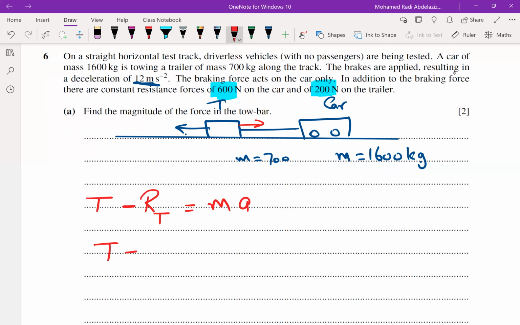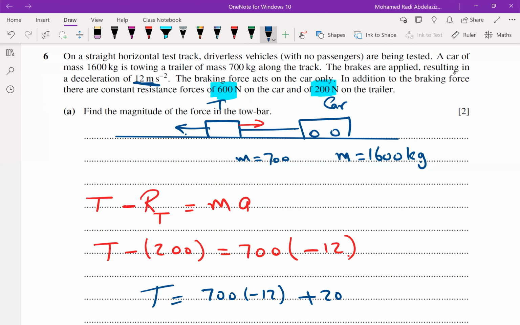So the tension minus resistance 200 is equal to mass 700 and the deceleration, which is negative 12. So tension is equal to 700 times negative 12 plus 200.